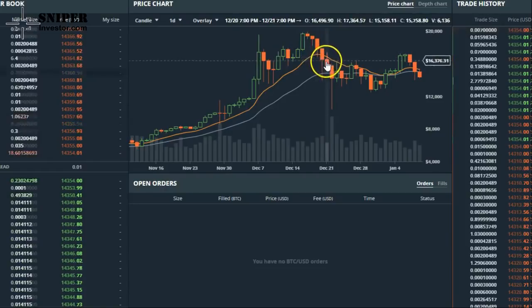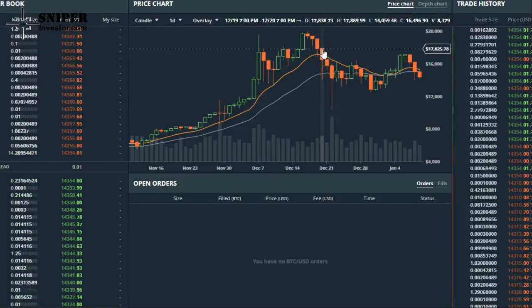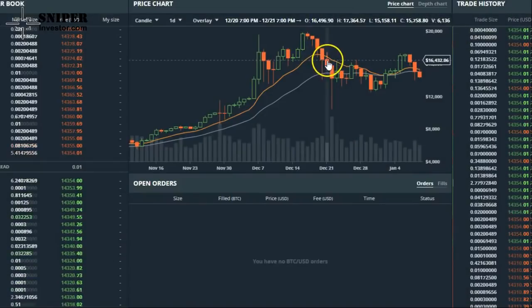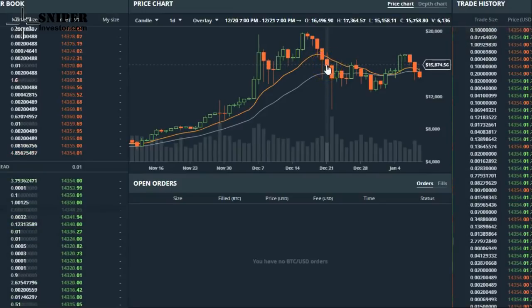Let's take this one over here. This was a down day. This was a trading day open with Bitcoin right here. The price drives all the way down and then comes back, closes here. The next day it opens here, drives up, drives back down, and then back up. So you kind of get an idea of what's going on.